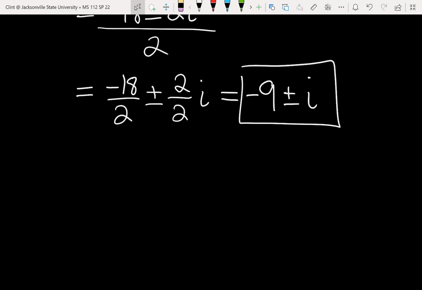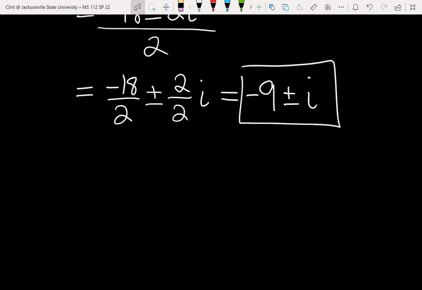Okay, so that's the quadratic formula. Sometimes you do get into a messy situation simplifying those things. The numbers get big and it gets a little messy, but it works. Quadratic formula works for any quadratic equation.